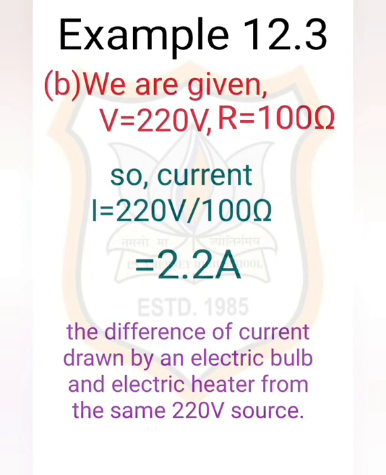Next part, we are given voltage is equal to 220 volts while resistance is 100 ohms, and we have the equation V is equal to IR, or we can say I is equal to V upon R. So I is 220 volts upon R is 100 ohms, and it gives 2.2 ampere. So this is the difference of current drawn by an electric bulb and the electric heater from the same 220 volt source.